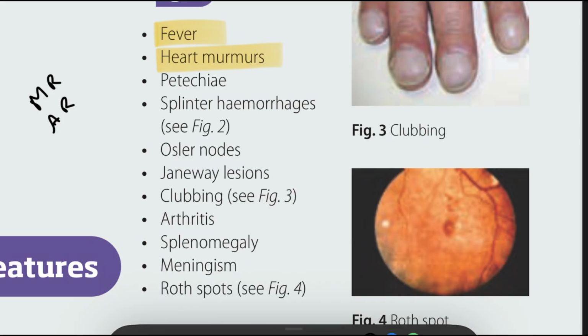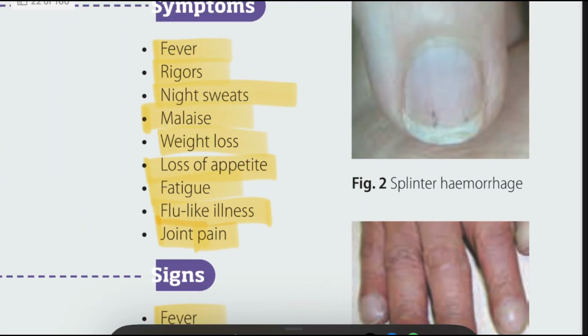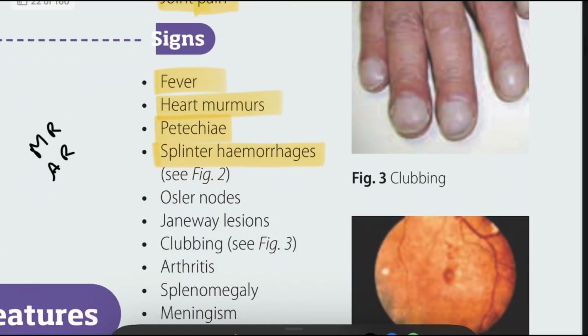Next we can see some petechiae and splinter hemorrhage. You can see this type of splinter hemorrhage here. Then another one, Osler nodes, I don't have a proper picture.